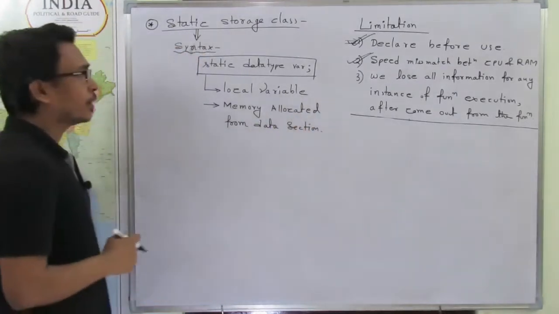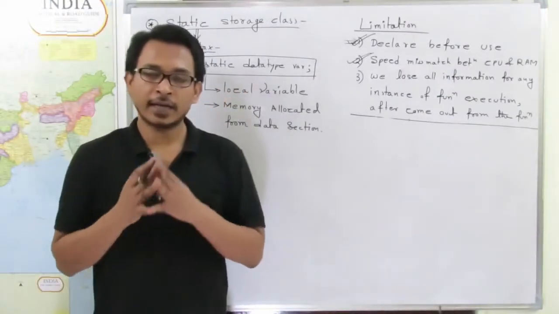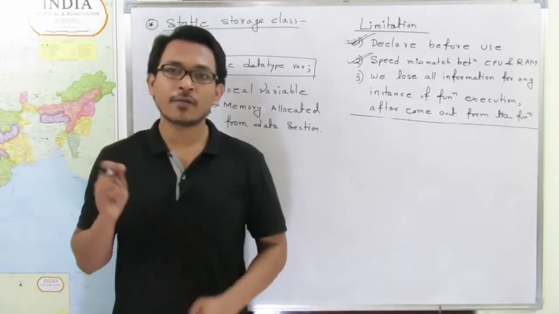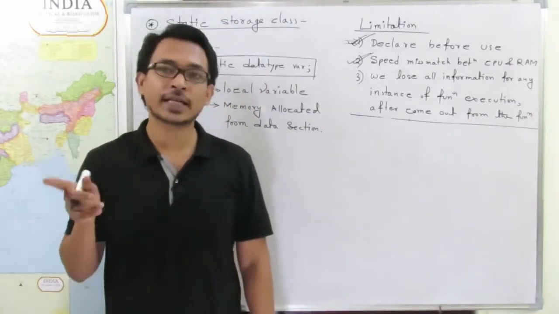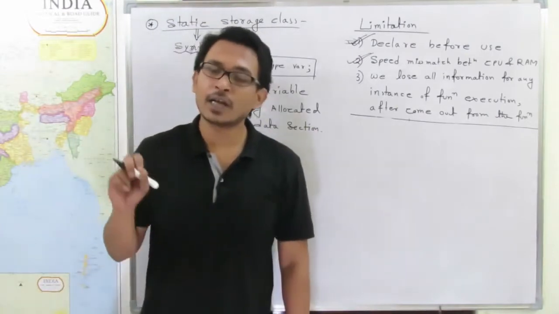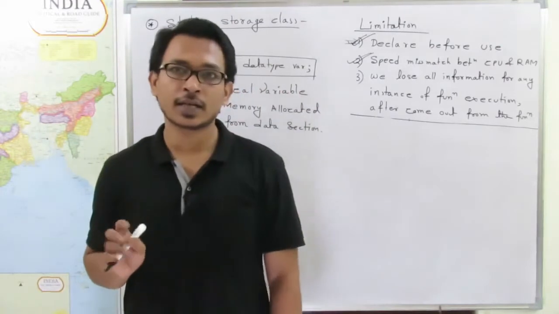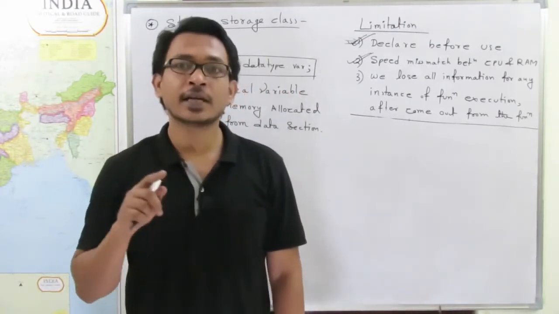What does it mean? When we declare any variable in the normal way, if the variable is a local variable, for that local variable memory is allocated from the stack section. But if a local variable is declared with the help of static storage class, memory will be allocated from the data section.